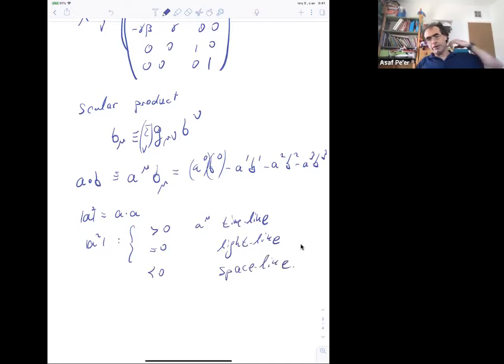Of course, we and all other particles live in a time-like world, because time for us progresses faster than space. And zero mass particles live in light-like world lines. Well, the word line, I haven't defined a world line, I'm going to do it right away.